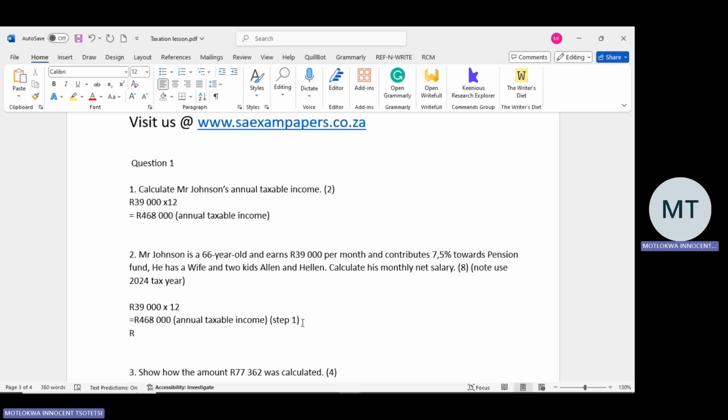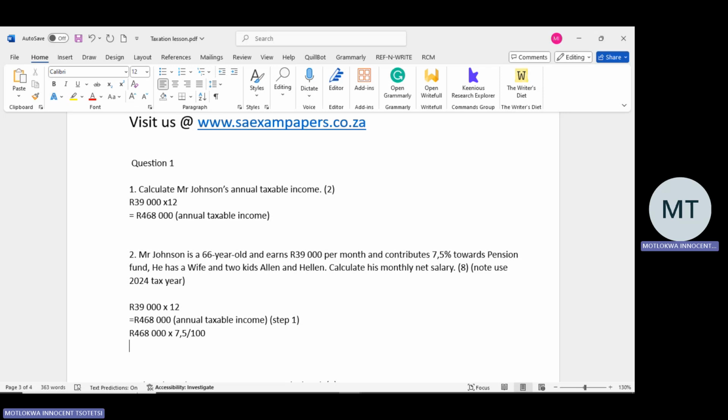So this is what we are going to do. We are going to take his annual taxable income, which is 468,000, multiply it by the percentage, which is 7.5%, then divide it by 100. Okay, so the reason why we are doing this is because we want to see how much this person is paying towards pension fund, because we are given a percentage, but we don't know the actual amount.